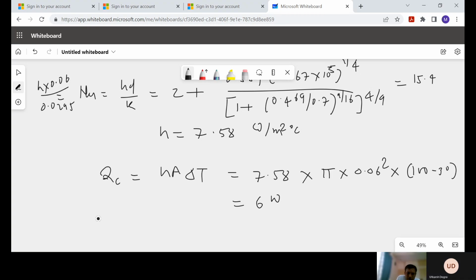The total heat dissipated will be given as 6 plus 5.6 watt.